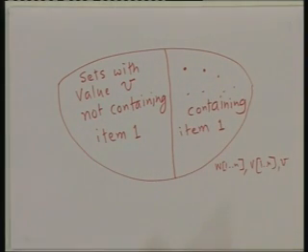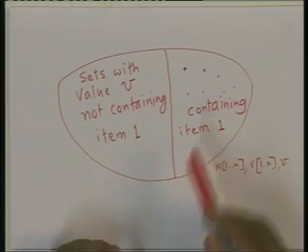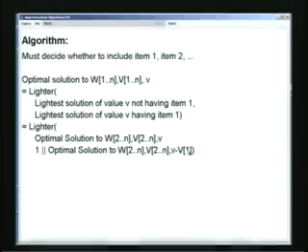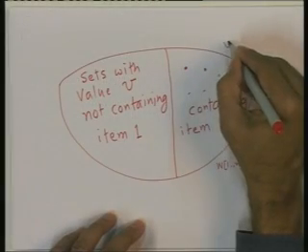So, we take that away, and what is left? Okay, so, what is left are sets which do not contain item 1, but we also know that their value had better be this v minus the value of 1. Why? Because every set in this part of the space originally had value little v.